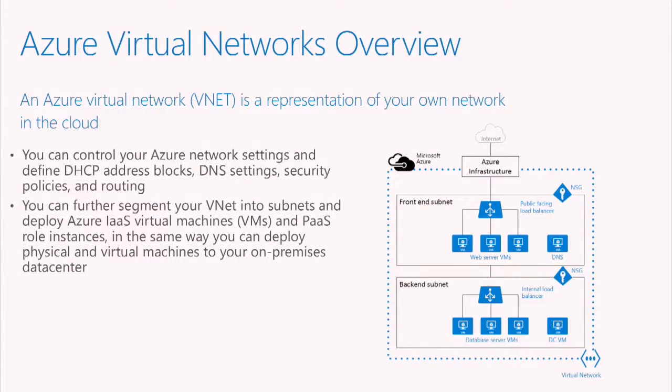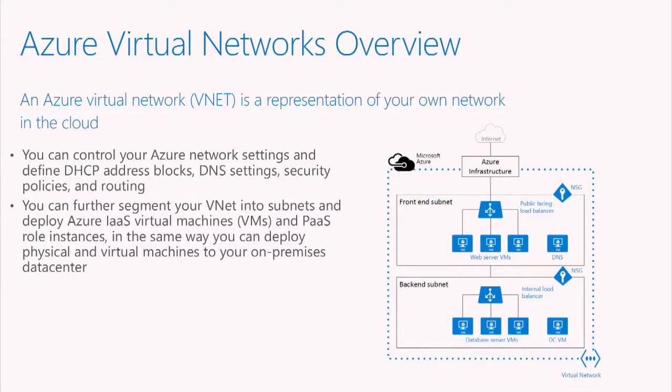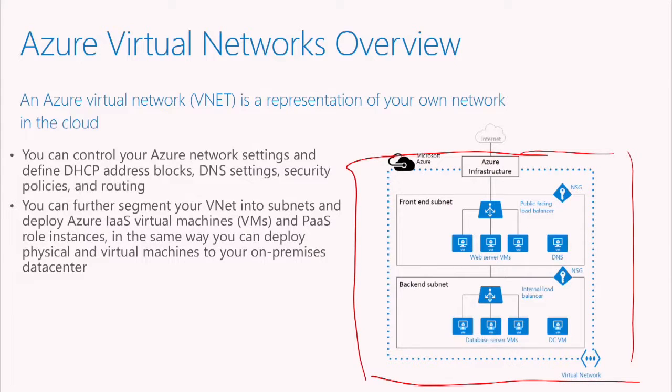Obviously, another critical component is a network. So in addition to the virtual machines, we have an Azure network. An Azure network is a representation of a physical network that you might have. If we take a look at this slide, we can see my overall Azure infrastructure. Within my Azure infrastructure, I can mirror my physical infrastructure, such as my subnets.